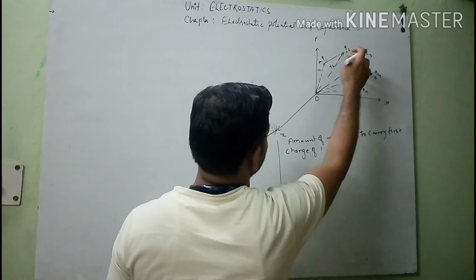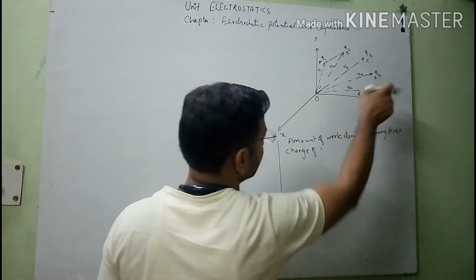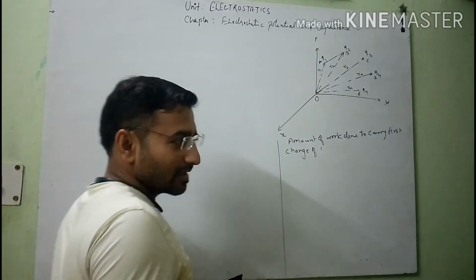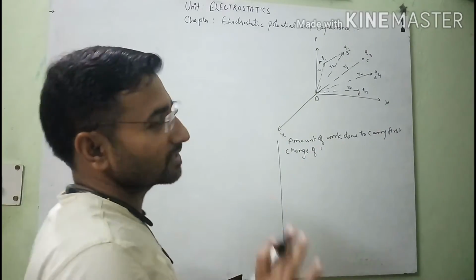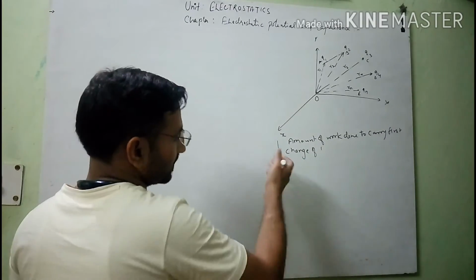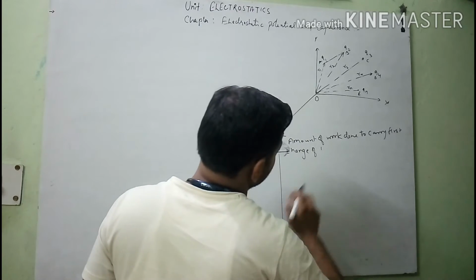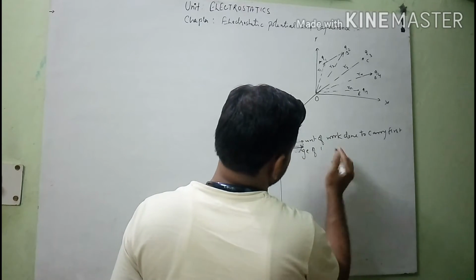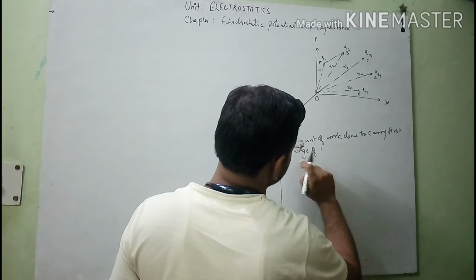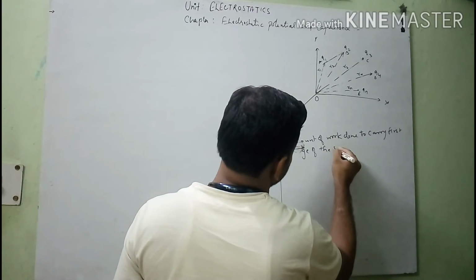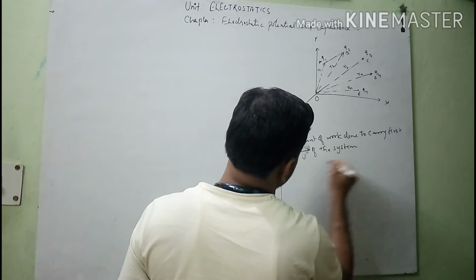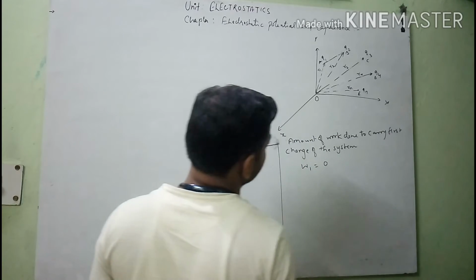You can consider Q2, Q3, Q4, Qn also. You can carry any one out of the n charges as the first charge. So I consider Q1. So when we carry the first charge of the system, you know that the amount of work done will be 0.